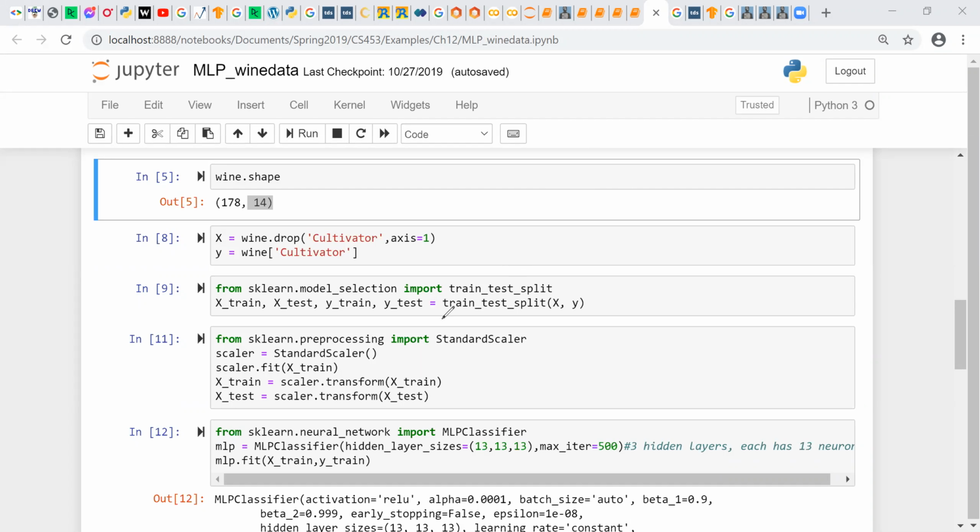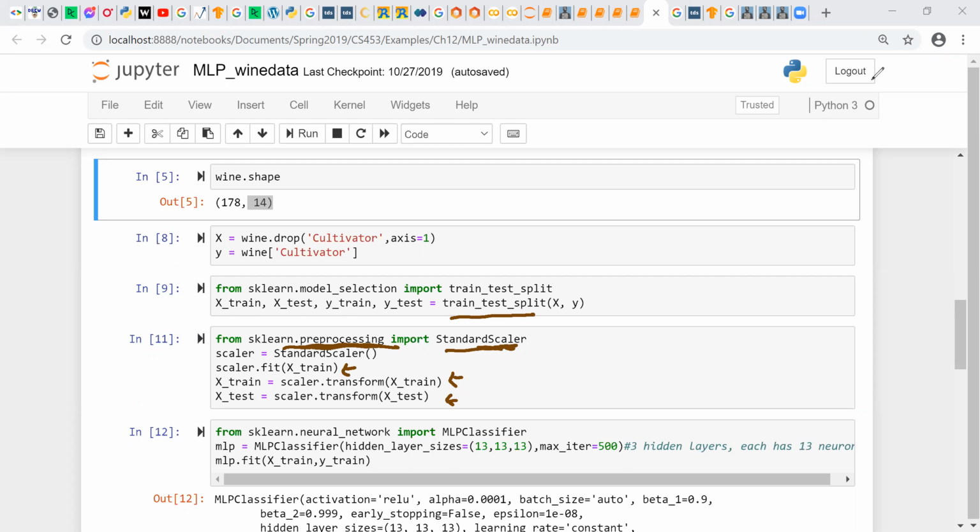The first step is train, test, split, etc. And always remember, for a neural network you need to do data pre-processing and bring all the data to the same scale. So here we use StandardScaler, and we transform both the training and testing data.